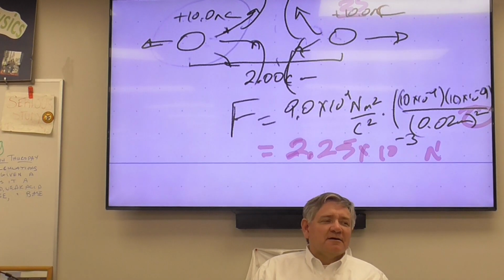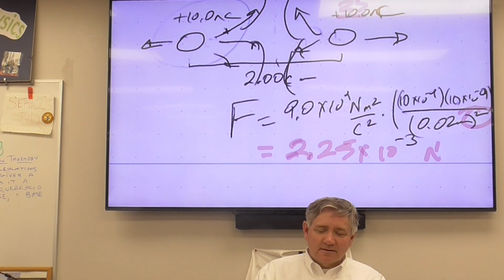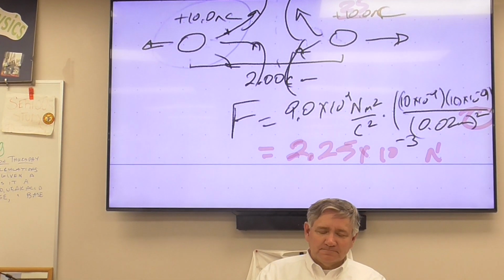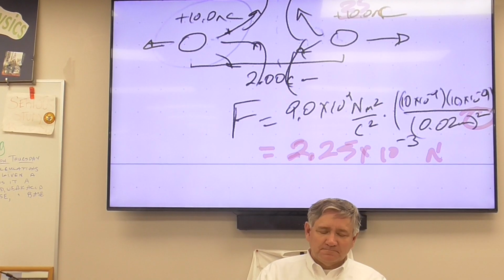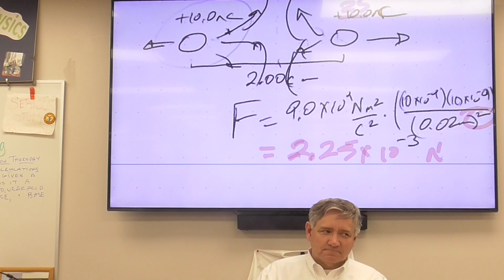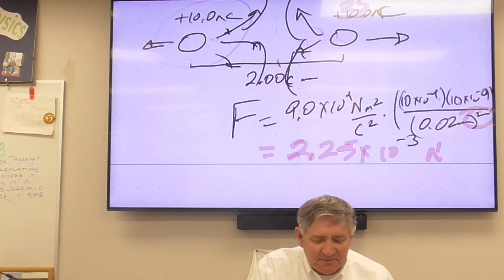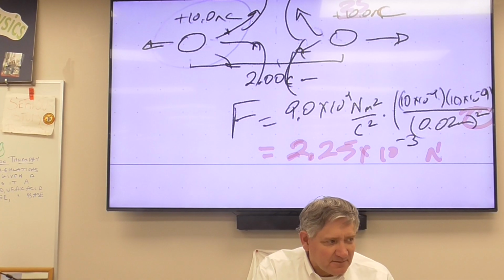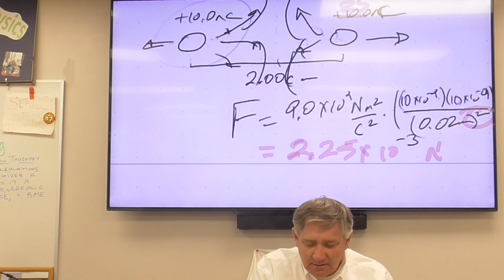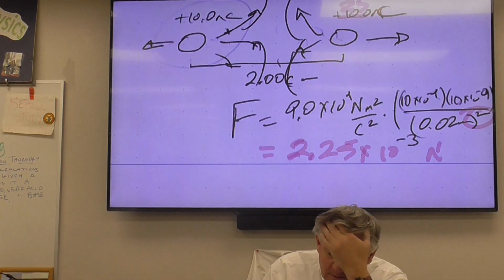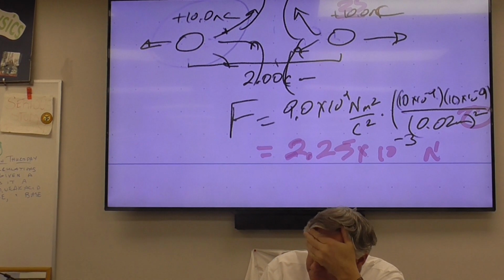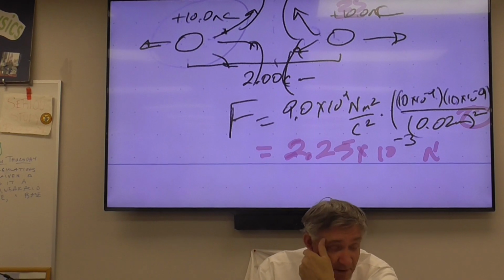Wait a second. All right, guys. Oh, I forgot to multiply. You imbeciles, look at the order of magnitude. I got Jake's answer. I forgot to multiply by the 9 times 10 to the 9th. That wasn't on my bingo card.